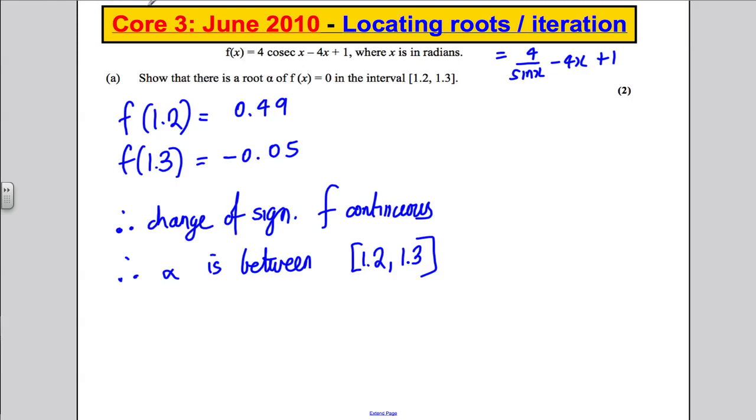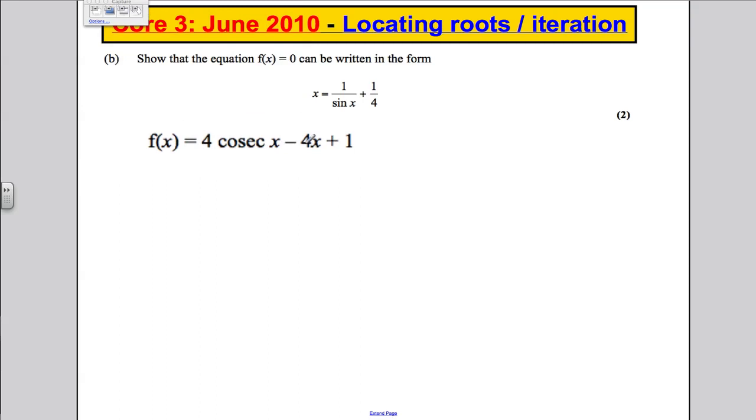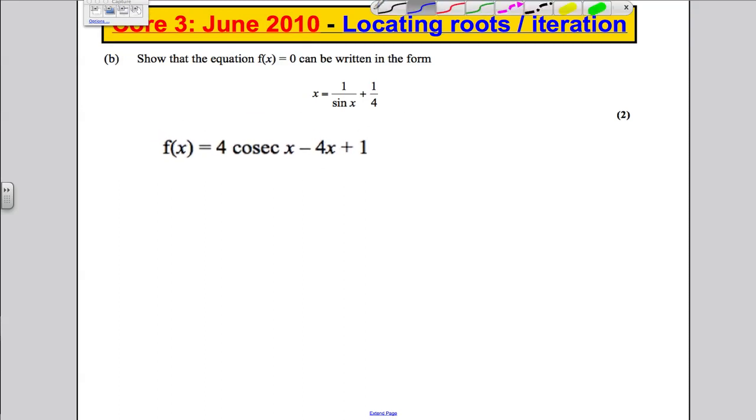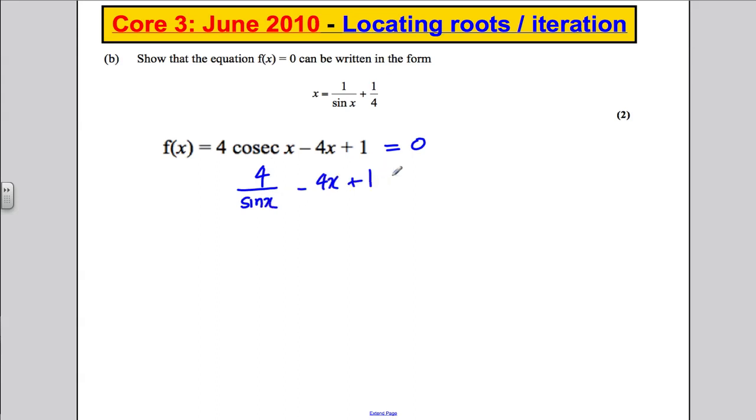So what we want to do, we want to show that this equation here, this function equal to 0, can be rewritten as they've suggested. So I'm just going to copy that over to here. There's our starting point, and we're trying to solve this one equal to 0, and we're trying to find x for that. Well, this tells me that 4 over sine x subtract 4x plus 1 equals 0. What can I do?